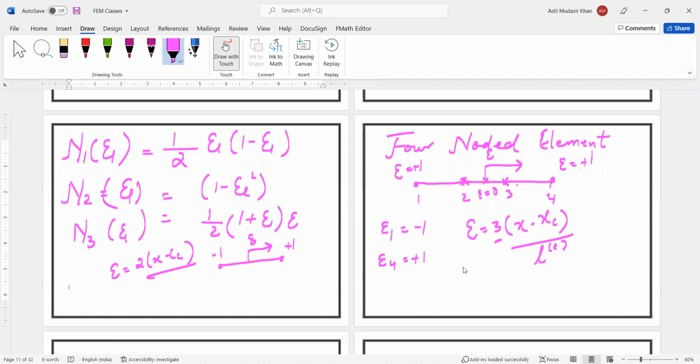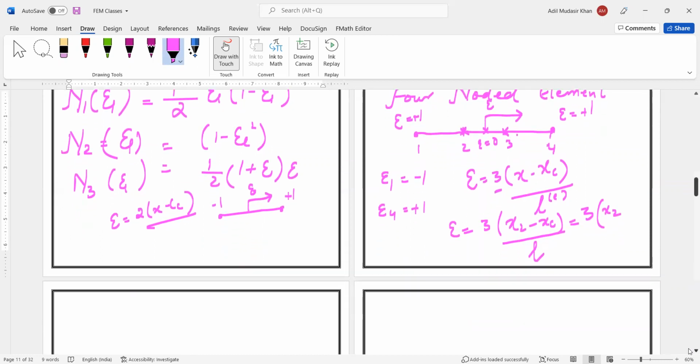So at x2, zeta will be equal to 3 times x2 minus xc divided by the length of the element, that is L. Okay, that is equal to 3 times x2 minus xc. Let me slightly draw it down. That is x2 minus xc.